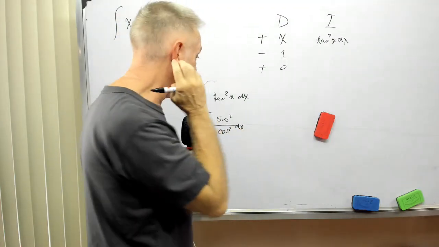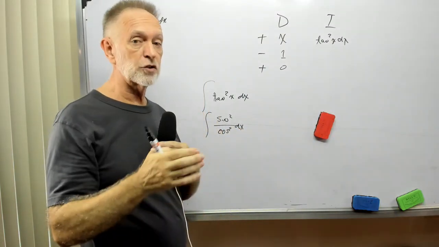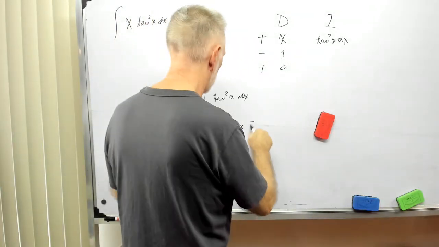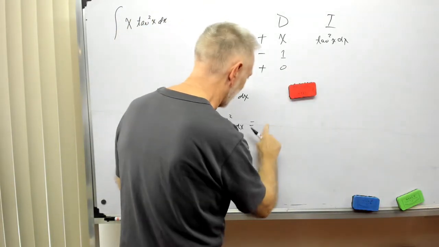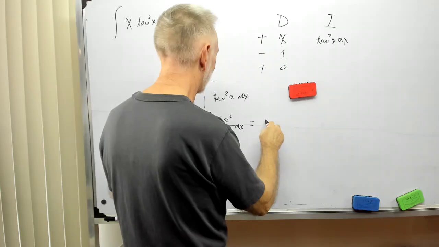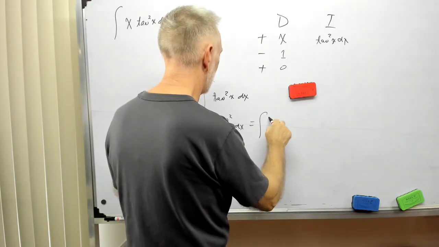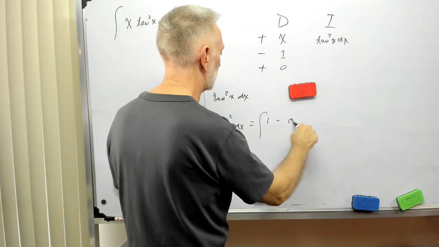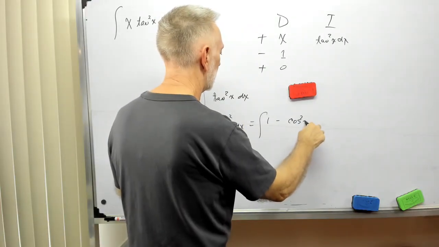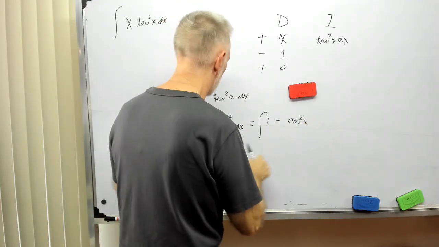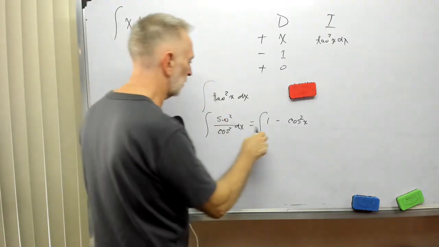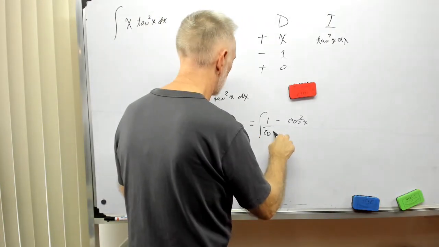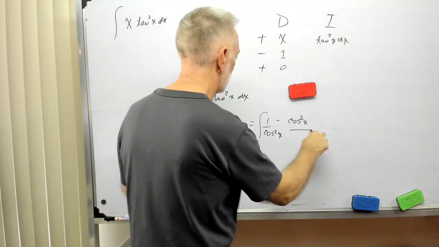Okay, well, sine squared is 1 minus cosine squared. I'm going to work along the fault line here in my board. I have a crack. So sine squared is 1 minus cosine squared x, now all over cosine squared x.